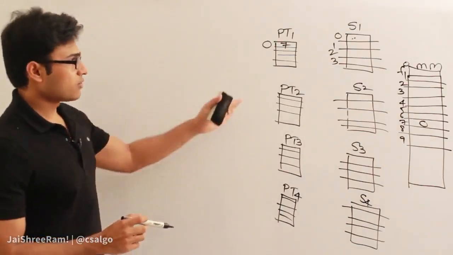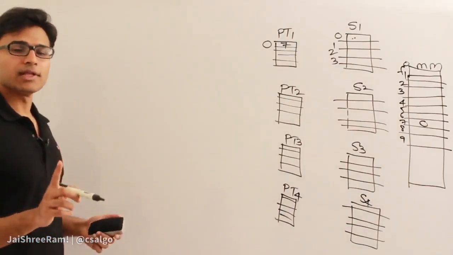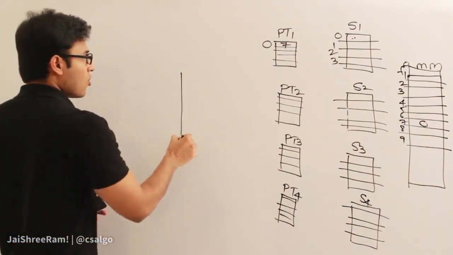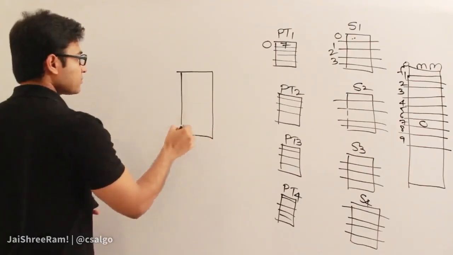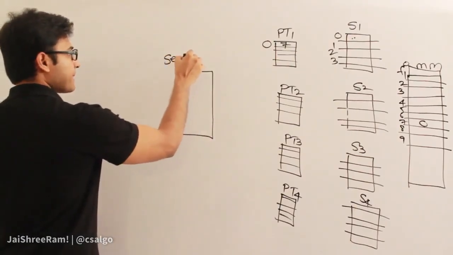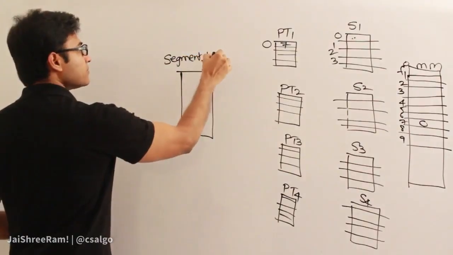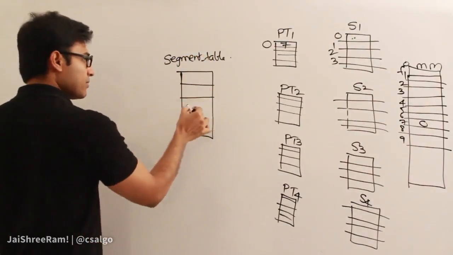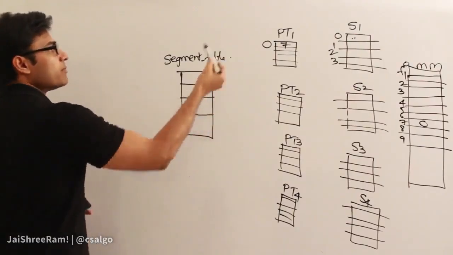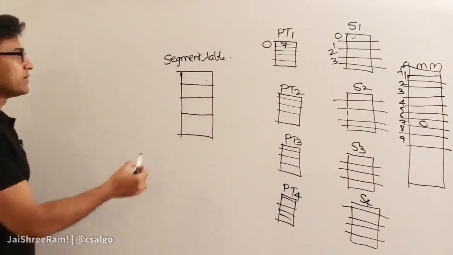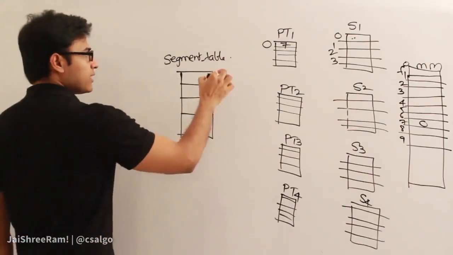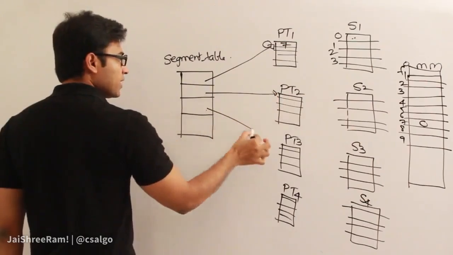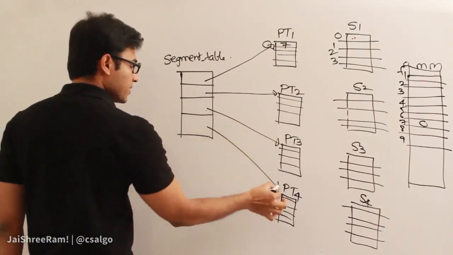That is why, in order to keep track of that, we have one more table that is called the segment table. For the entire process, we have only one segment table. Now what will the segment table contain? The segment table will contain pointers to the page tables, which means if there are 4 page tables, it will contain the first page table, the second page table, the third page table, the fourth page table.